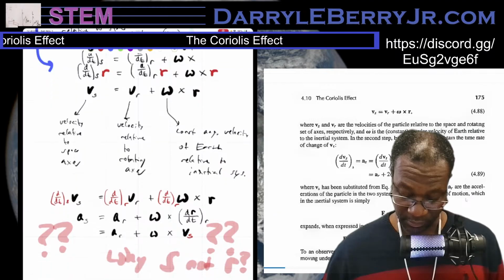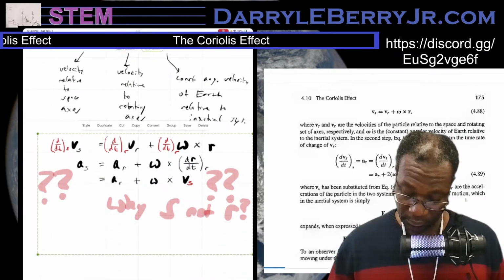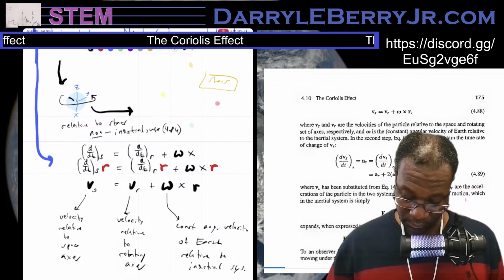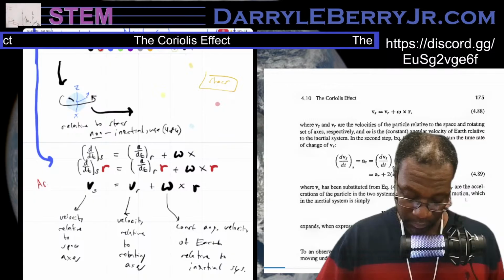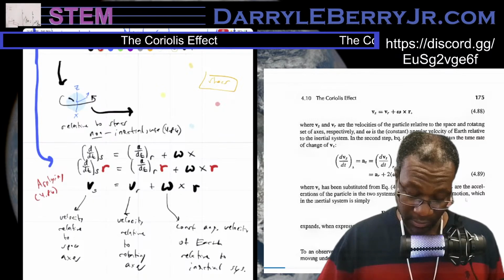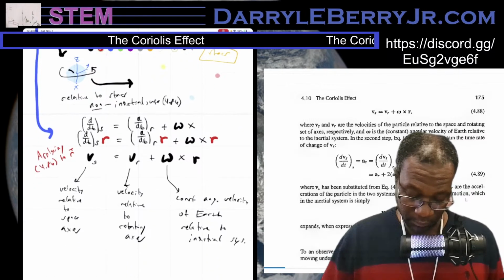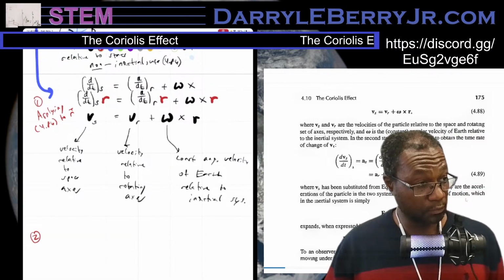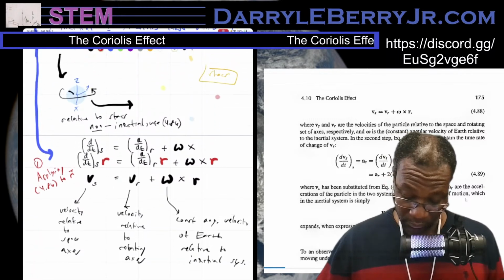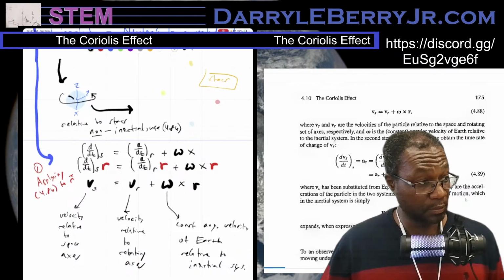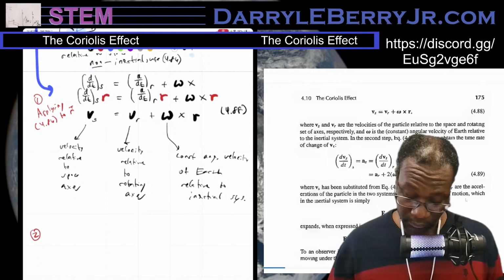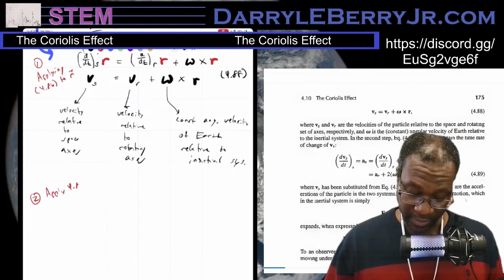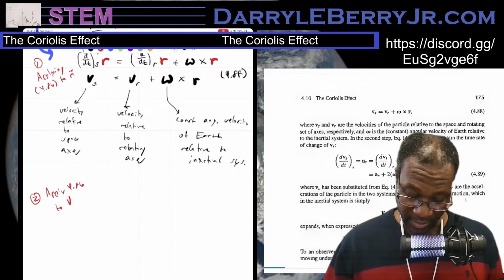So let's back up. That was equation 4.86. So I'm applying 4.86 to R, which is 4.88, to 4.86 to V_S.